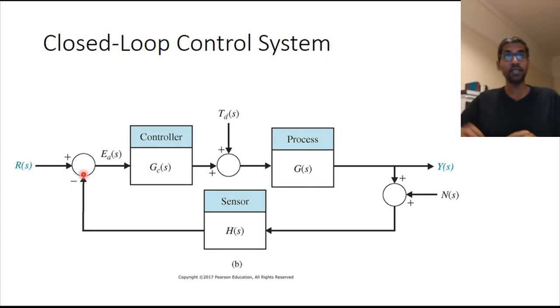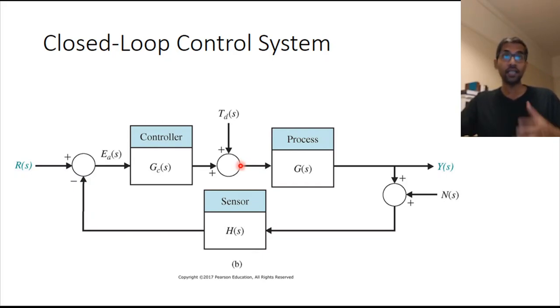If you don't, then the error signal will drive the controller so that the process gives you the appropriate output. Of course, you have to remember that any sensor will have noise associated with it, and there is going to be a disturbance as well. We have to deal with the effects of both the noise and the disturbance in the control system.